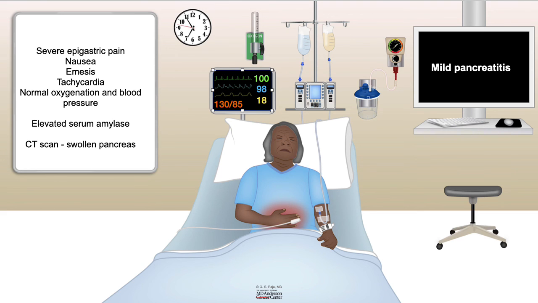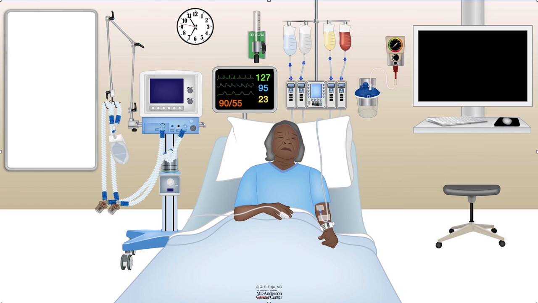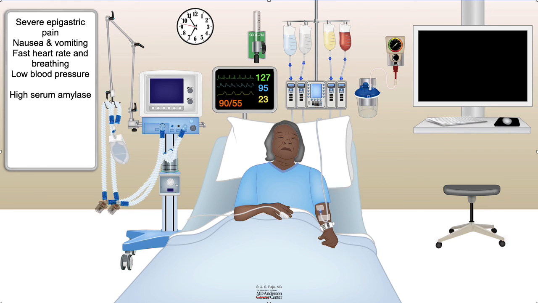So let us learn about what happens when the pancreatitis becomes severe. Again, patients present with severe epigastric pain, nausea and vomiting, tachycardia, tachypnea, hypotension, and on blood tests, the amylase and lipase will be elevated, and the CT scan shows a swollen pancreas with inflammation and necrosis.